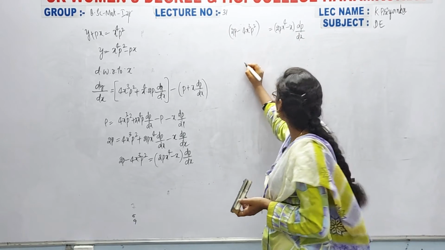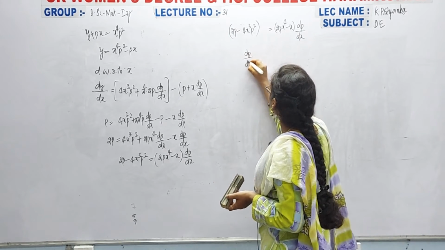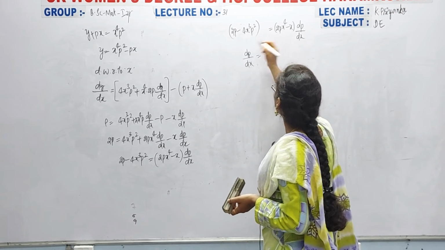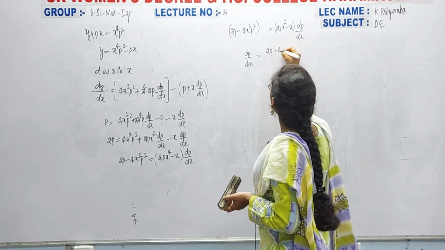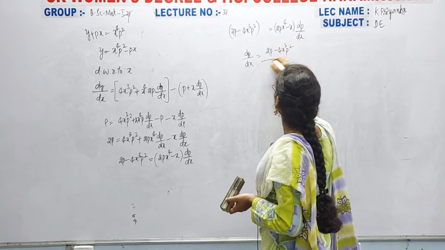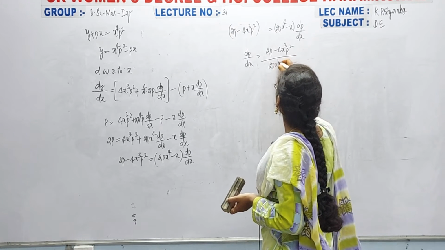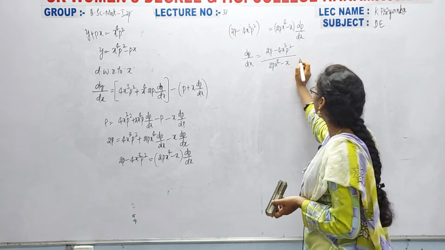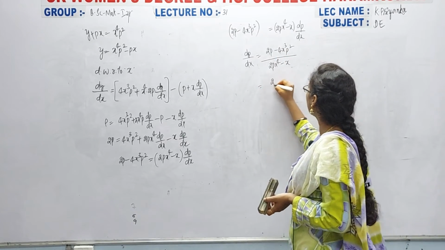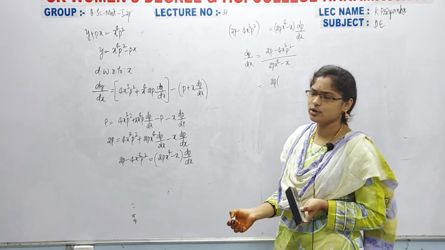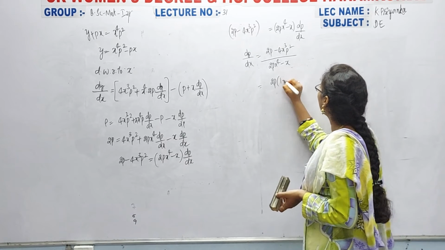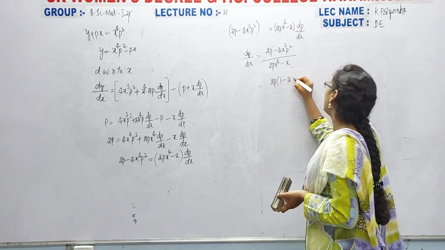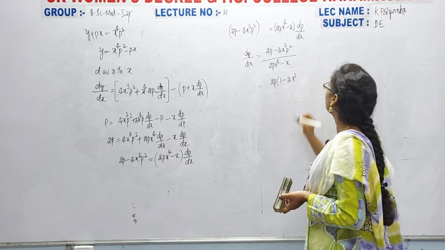dp by dx is equal to 2p minus 4x cube p square by 2p x power 4 minus x. Okay, so we can take 2p common from the numerator, then what we get is 1 minus 2x cube, right.